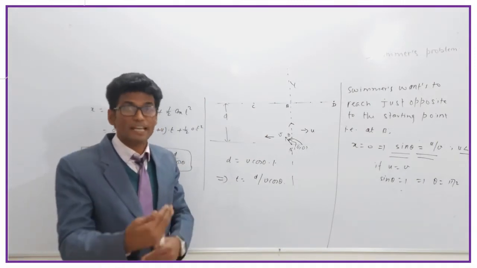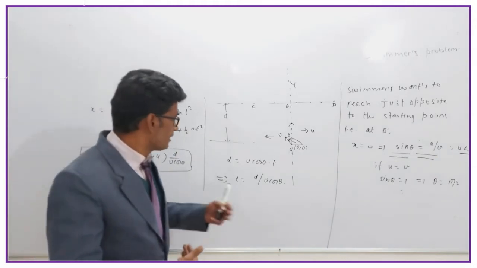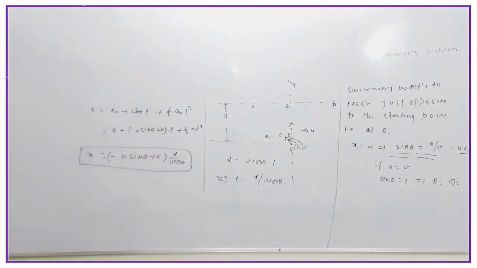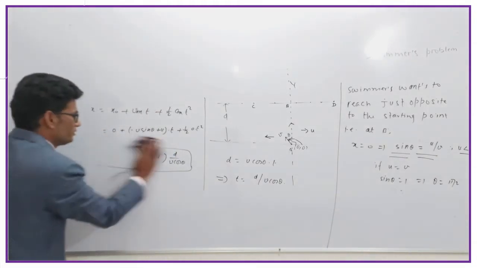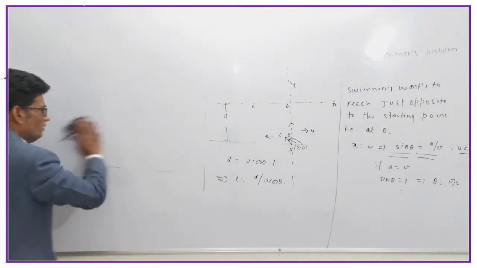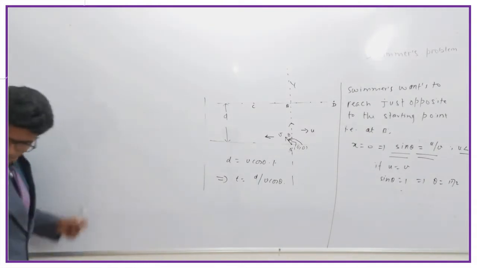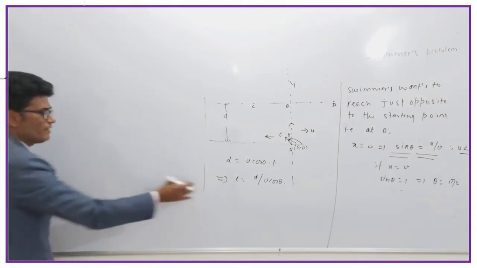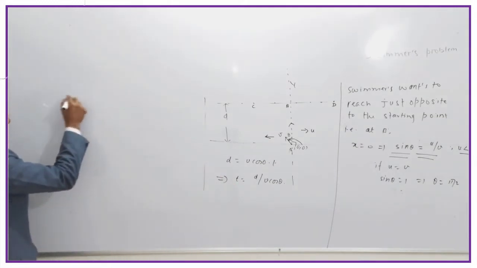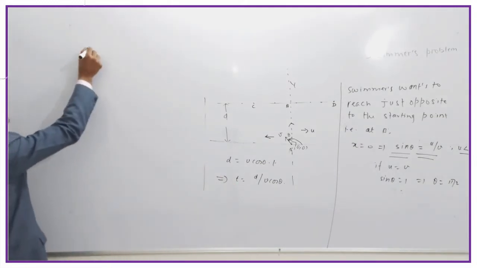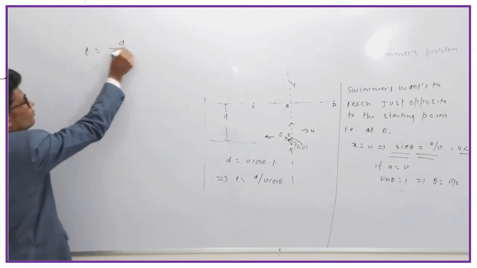So we have to think of the time function. What is the time function we have got? Look at here. The time function is this one. T is equal to d over v cos theta.